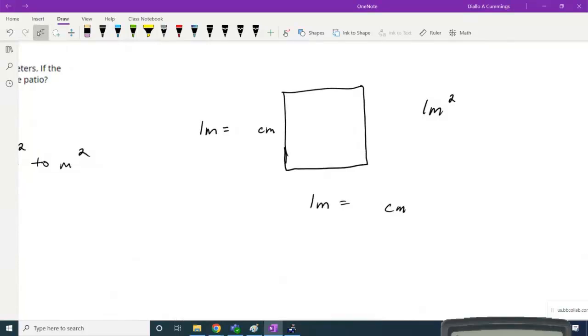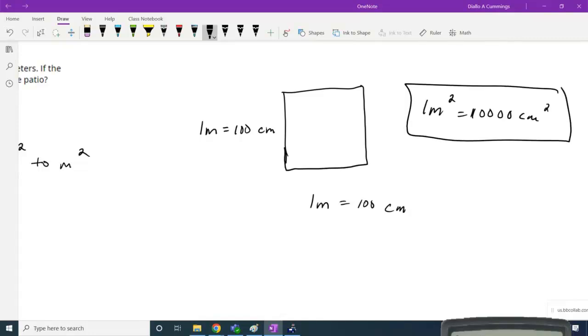So if I go back to my drawing, 1 meter is 100 centimeters. So if I were to find the area in centimeters, I'm now going to get what? Well, 100 times 100. Well, 1 times 1 is 1. I'm going to attach back those 4 zeros. So this is an actual fact. 1 square meter is equal to 10,000 square centimeters.